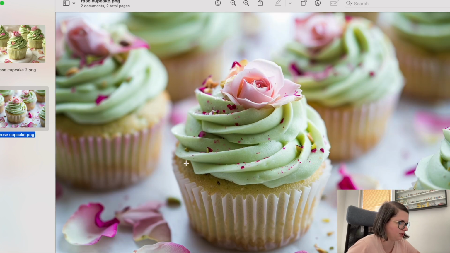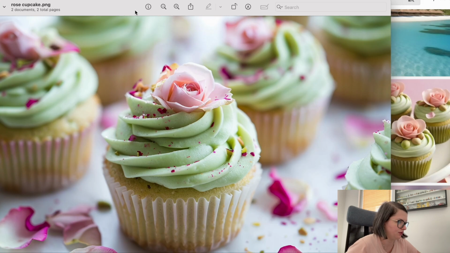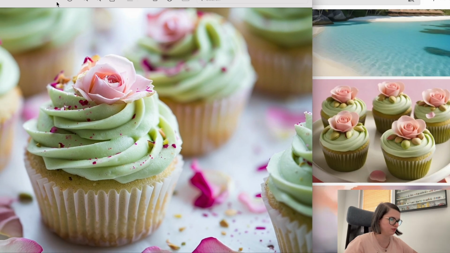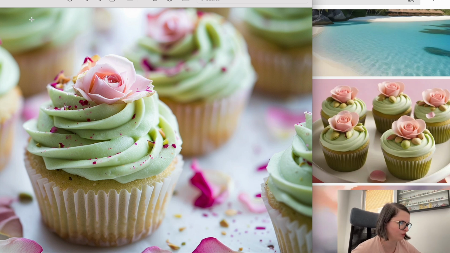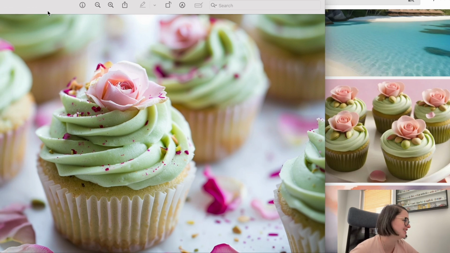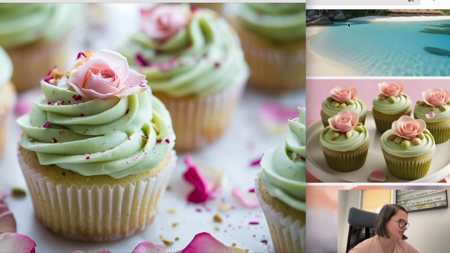You can see it in the second image too, and I would put them side by side. To me, personally, this image is much more appetizing and makes me want to buy it, while this image looks a little bit fake.